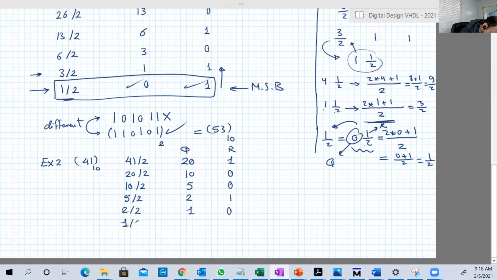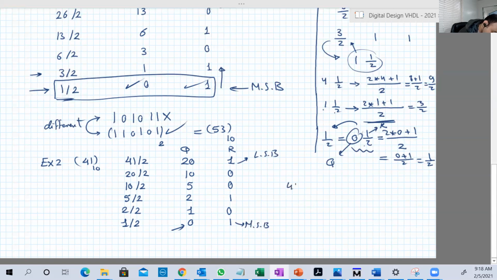Then 1 finally by 2, this will give us a quotient of 0 and a remainder of 1. Once you reach a quotient of 0, we just stop, because 0 divided by anything, 2 or 8 or whatever, will give us 0. Okay, so this is again the least significant bit. This is the most significant bit.